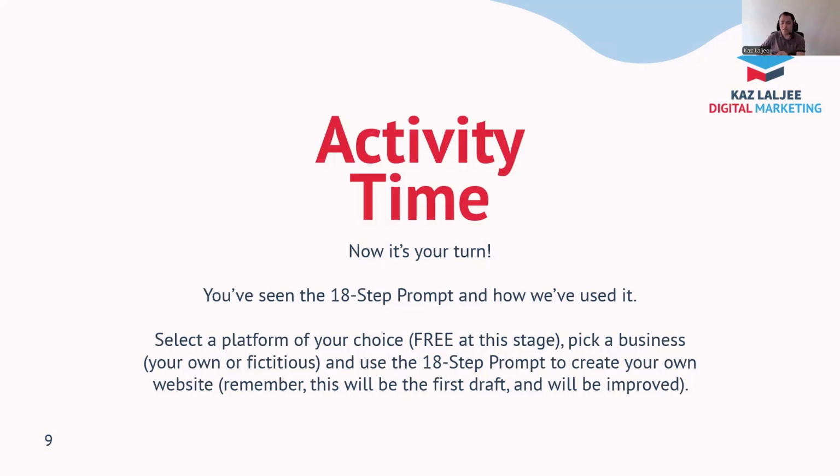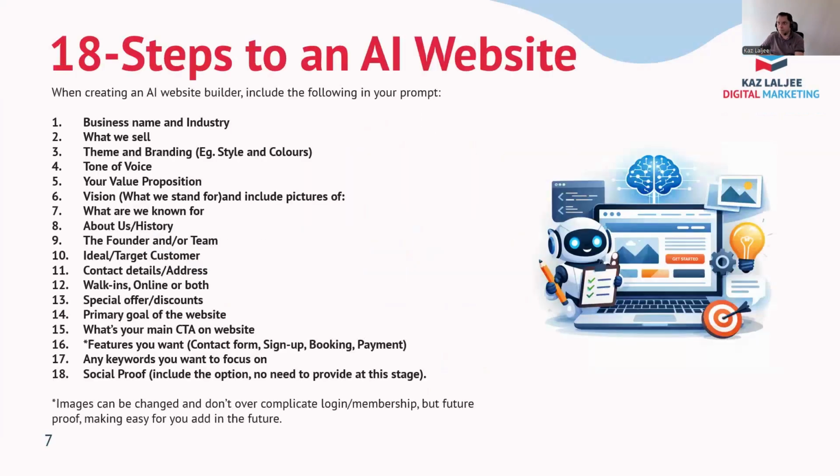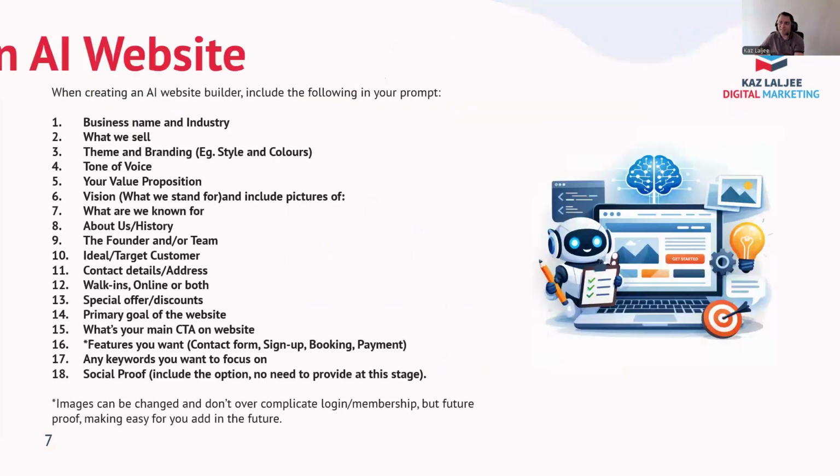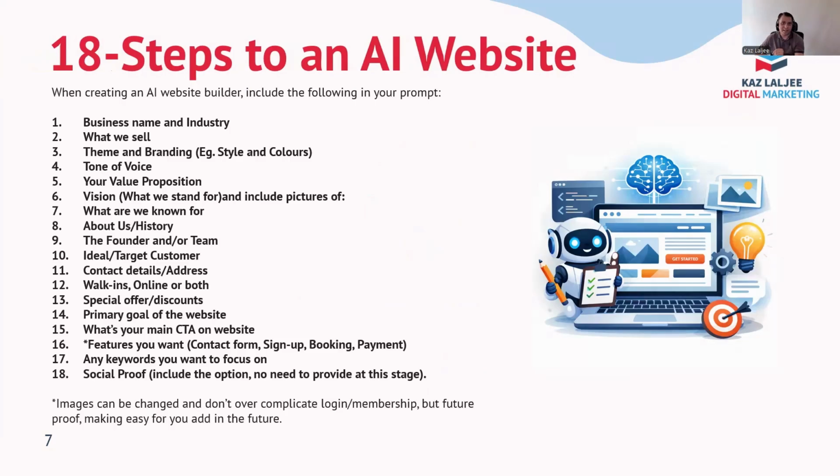So you've got the list of some of the options that you've got. We've done obviously GoDaddy Airo in this case, but it's entirely up to you how to play around with it. I always do one demo just to show you. Maybe there's others that you know of, but I think the key is the 18 steps to an AI website.